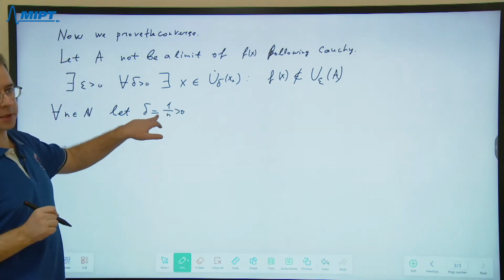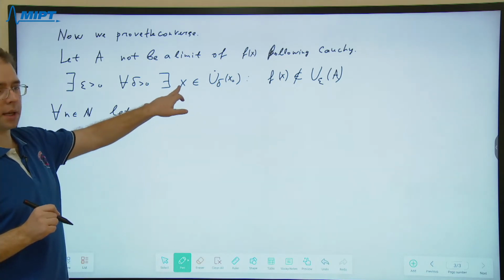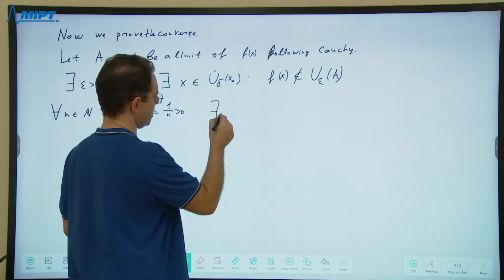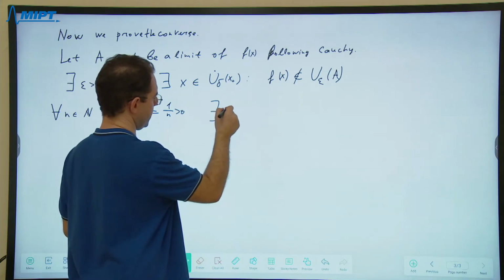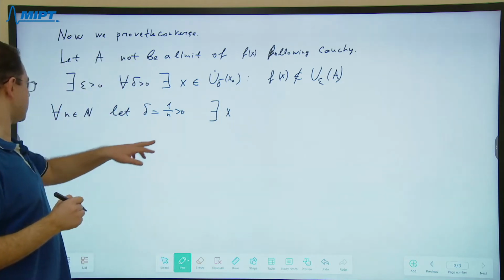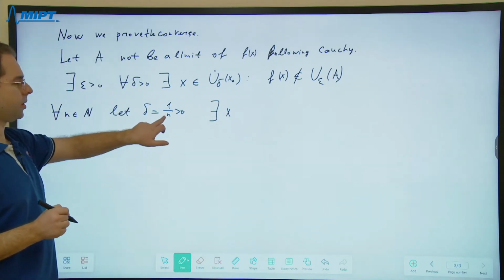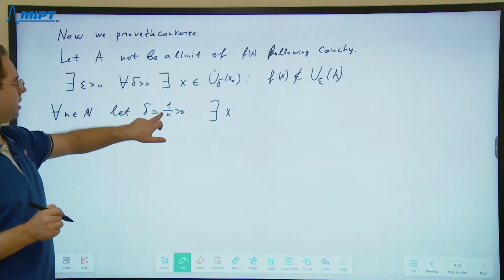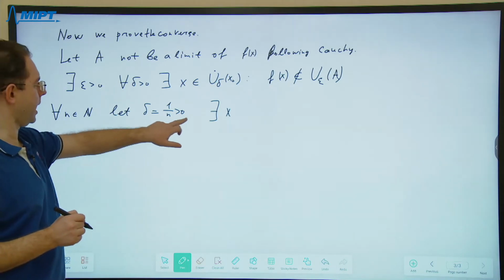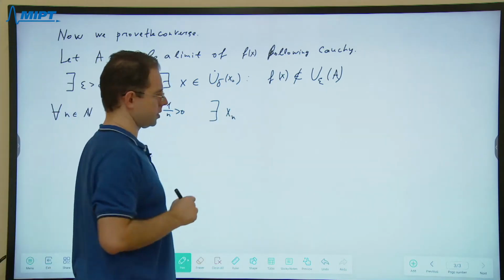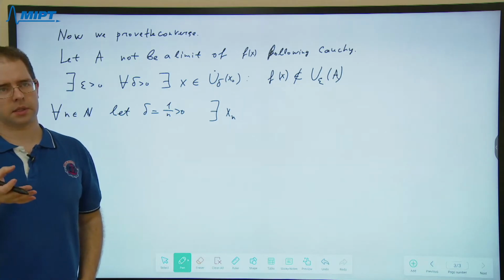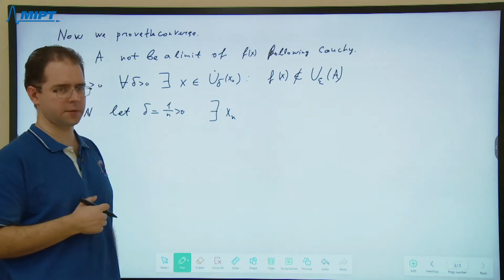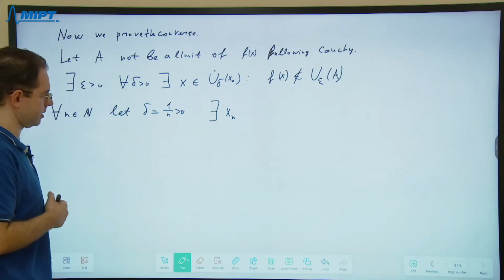Now for this specific number delta, there exists a number x. Since this depends on the size of delta, I will call it xn. So for different natural numbers n, they may be different x's.